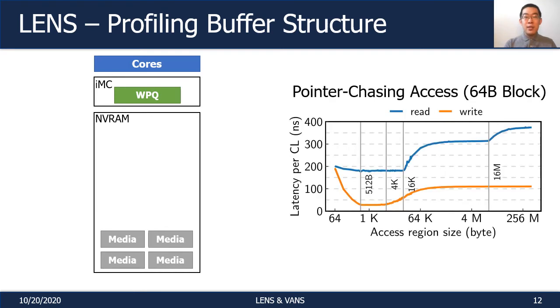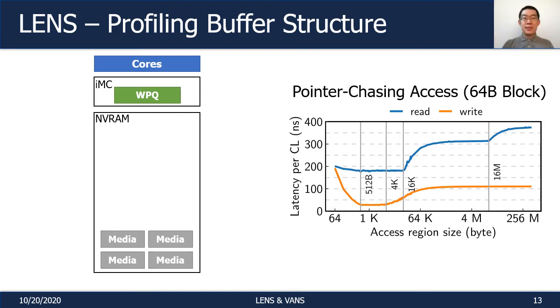Now, we use a pointer chasing access test with 64-byte blocks to discover the buffer sizes. As shown in this figure, the x-axis is access region size, and the y-axis is latency per cache line. We measure the read and write latency separately.